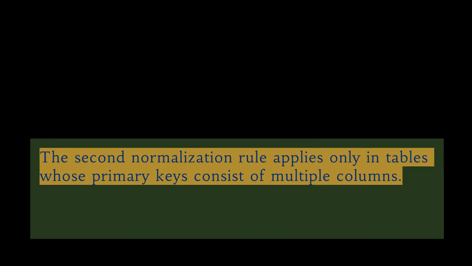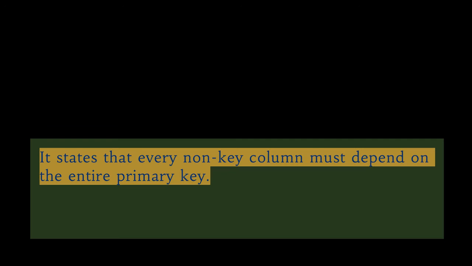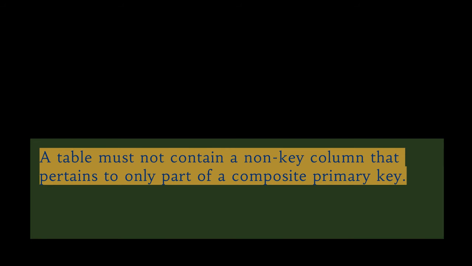Second normal form. The second normalization rule applies only in tables whose primary keys consist of multiple columns. It states that every non-key column must depend on the entire primary key. A table must not contain a non-key column that pertains to only part of a composite primary key.